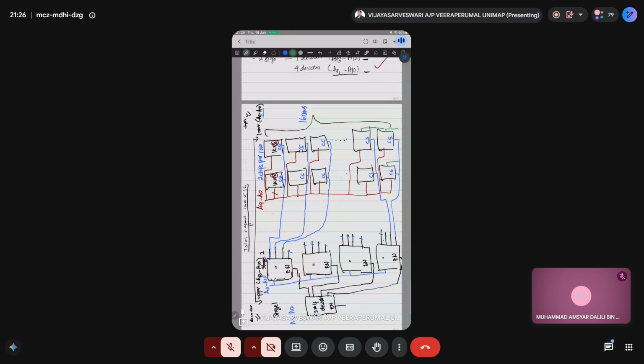Okay, semua output ni apa yang dia akan keluarkan adalah, okay, kita tahu that just now D15 to D0. So ni adalah kita punya data output. So data output dekat sini adalah daripada D7 to D0, and then this is the remaining.